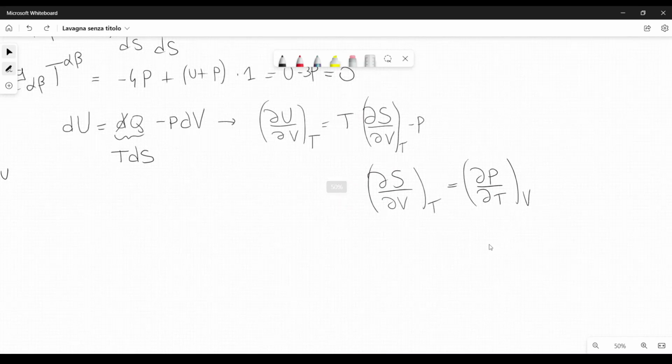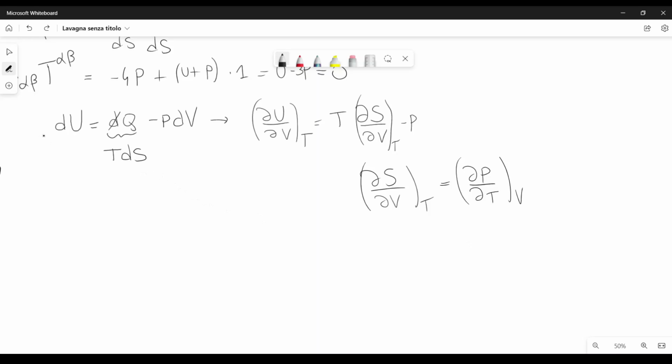It's quite simple because this differential law can also be rewritten in this fashion. So we can rewrite this as the differential of capital U minus TS, and from basic rules of calculus, this can be written as minus S dT minus P dV.